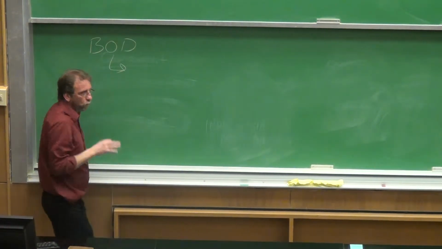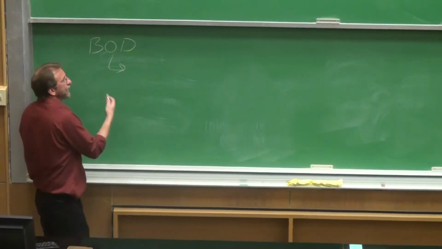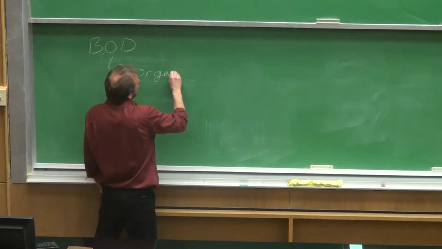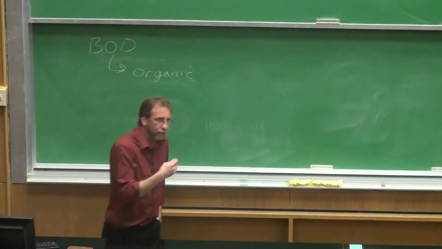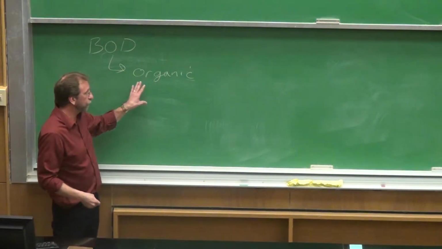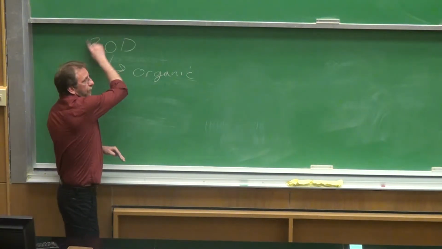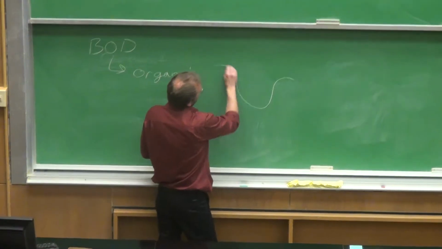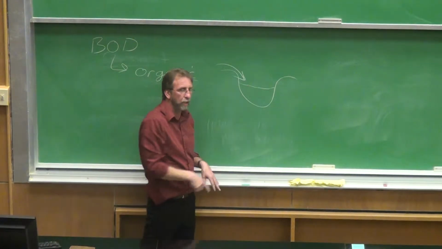If you think about what we're talking about here now, BOD, biological oxygen demand, what's causing the demand? Well, there's organic matter in the water. And this organic matter is going to be metabolized, be broken down, and it is the breaking down of this organic matter that demands oxygen. So remember our story about dumping sewage into a body of water.